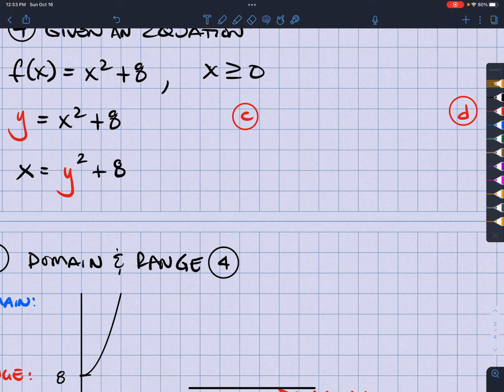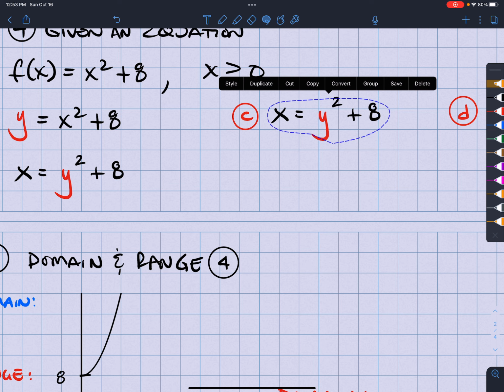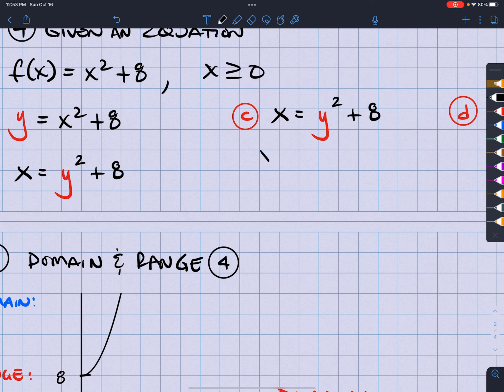All right? So if I had this, how do I get the y by itself? Well, I've got to subtract the 8 over. And I've got to take the square root of both sides, right? And anytime you take the square root, you have to do the plus and minus.